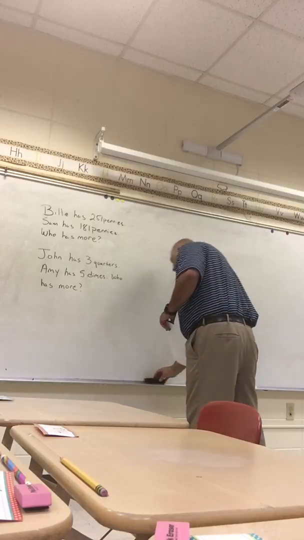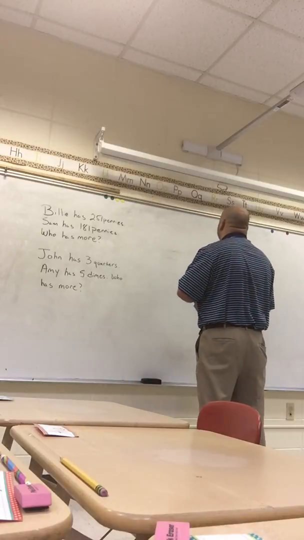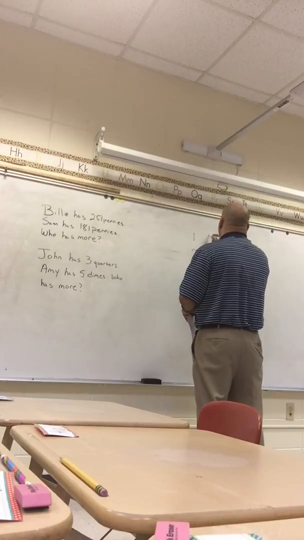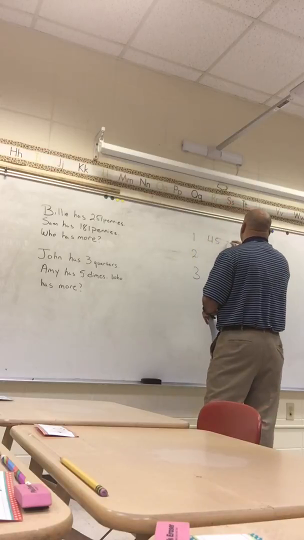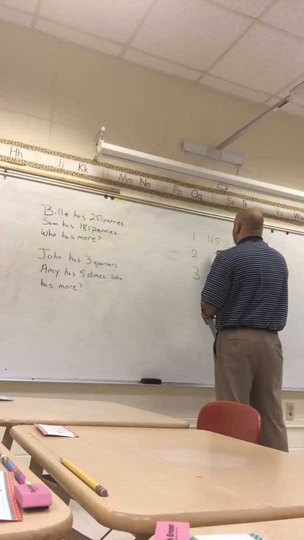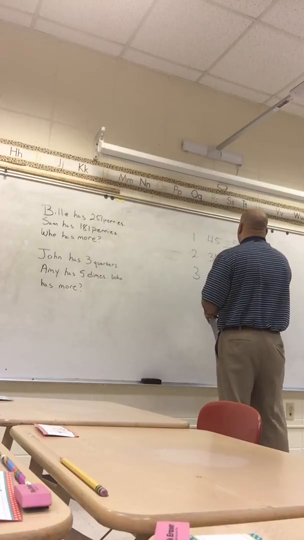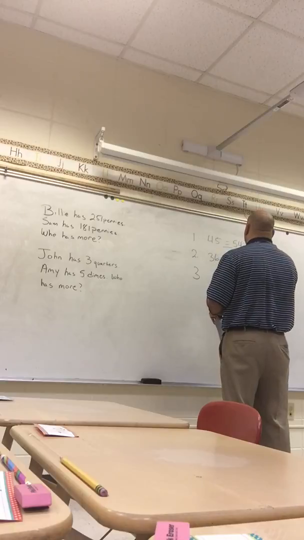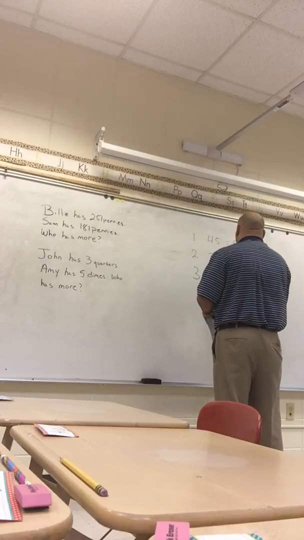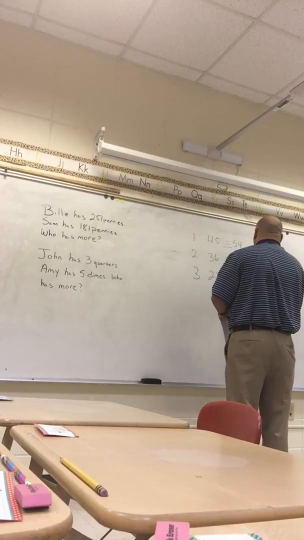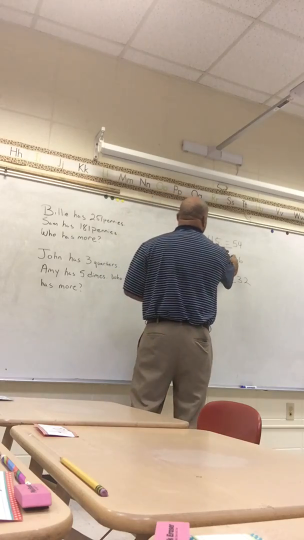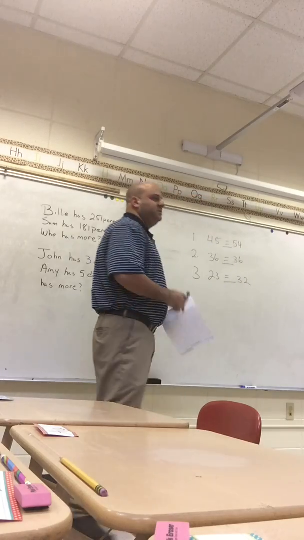So say if I had a true or false on the test. Let's do a couple of them. Alright, look at number 1. 45 is equal to 54. Is that true or false? False.